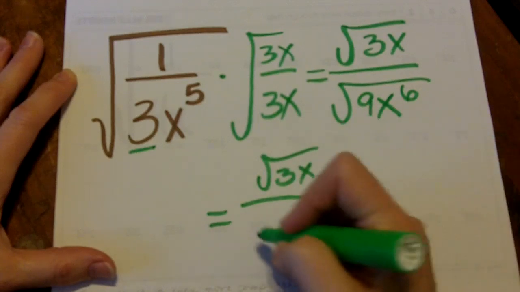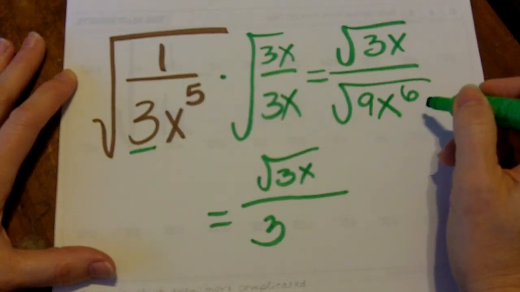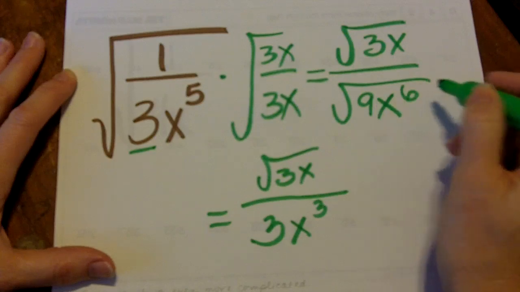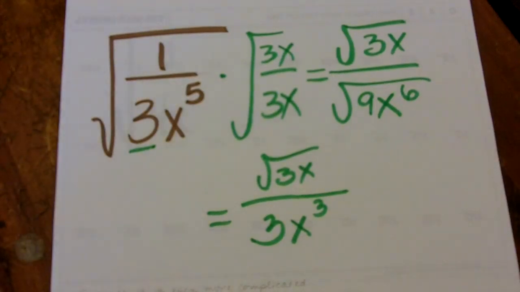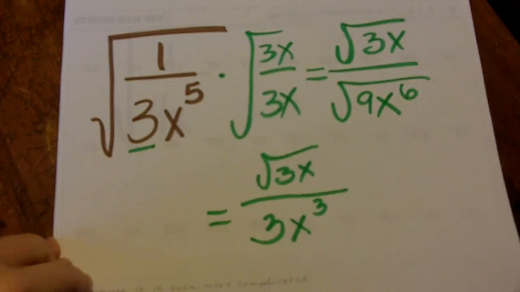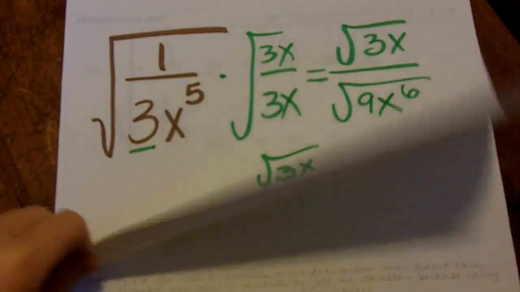The square root of 9 is 3. The square root of x to the 6th is x cubed, because when we're taking the square root of a variable, we simply divide its exponent by 2. As long as it's an even number, we can pull it out. Half of 6 is 3.